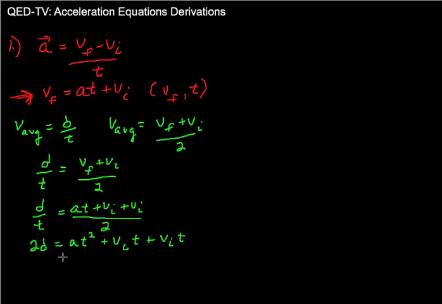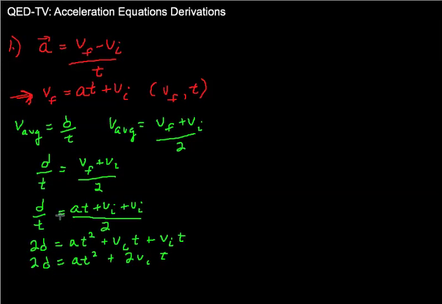Okay, so I have two terms that are exactly the same here, so I could do 2d equals at squared plus 2 vi t.